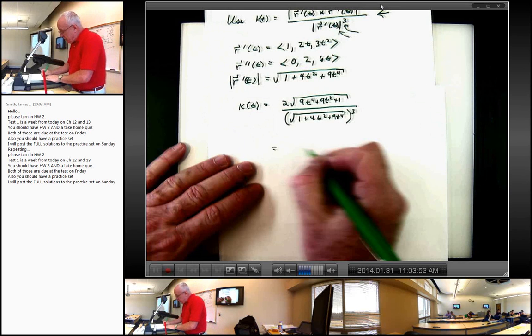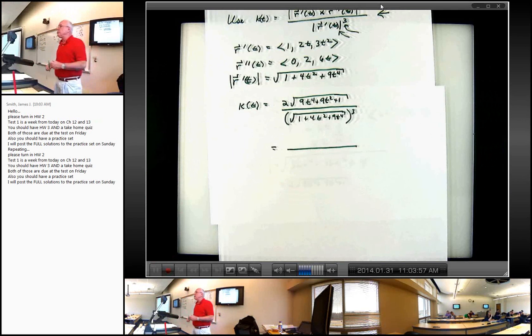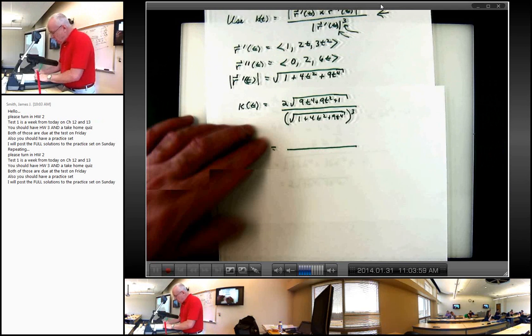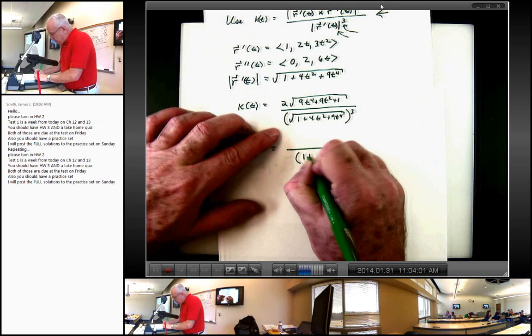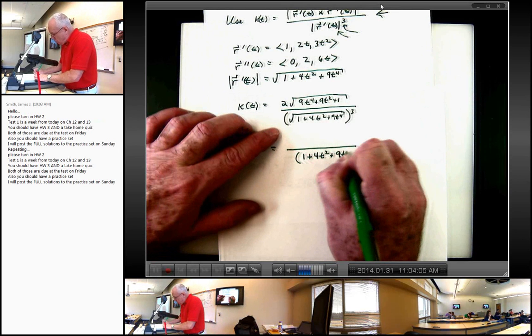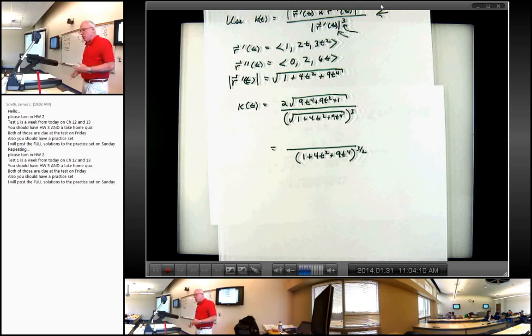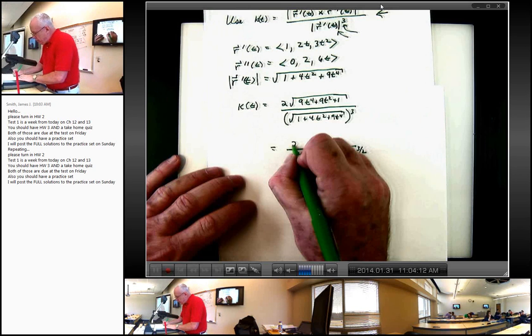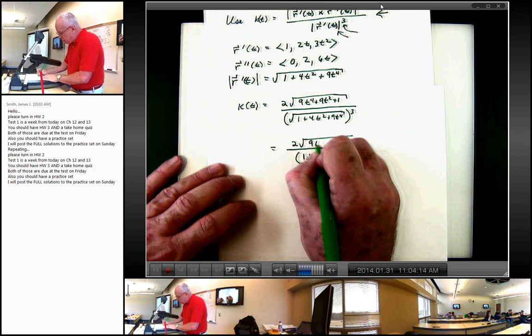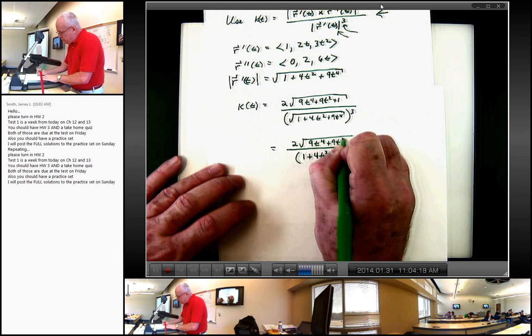What's another way that I can write that denominator without the radicals? 3/2 power. I could also have written the denominator as 1 plus 4t squared plus 9t to the fourth, close parentheses, raised to the 3/2 power. And I'd have the same numerator, 2 times the square root of 9t to the fourth plus 9t squared plus 1.